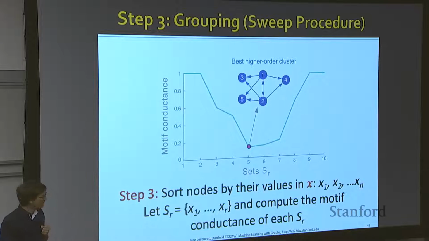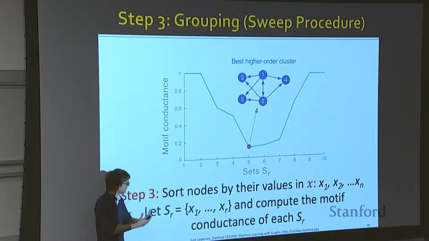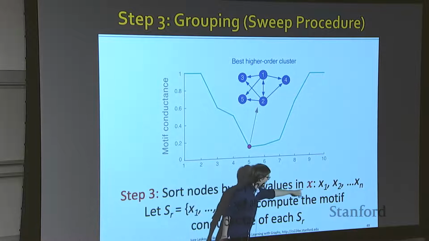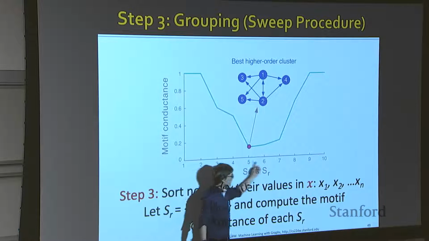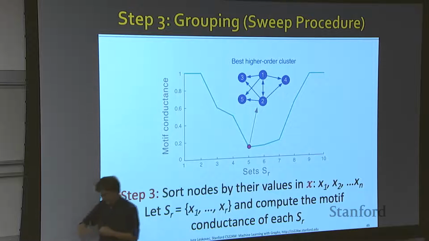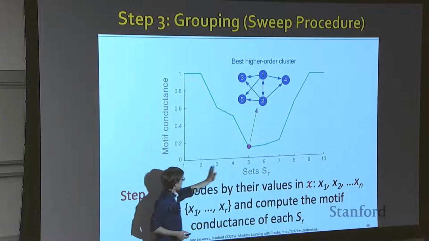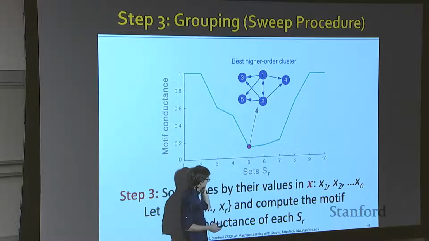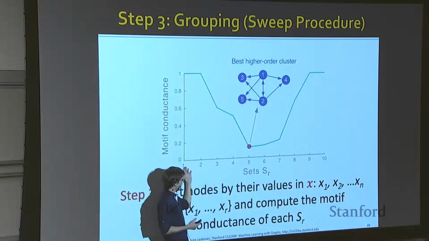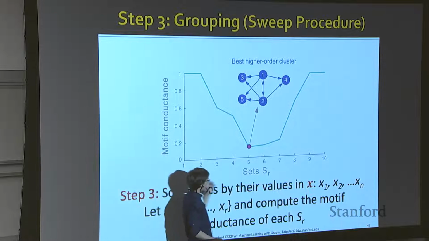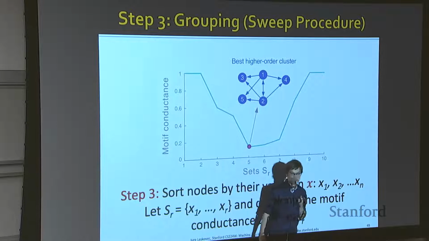Here is one way to think of this. The way you can plot things now is to say, let me sort the nodes in x according to the value in the eigenvector, right? So these are x1, x2, x3, x4, x5, and so on. And these nodes are sorted so that this is the smallest value in the vector x, and this is the largest value in the vector x.